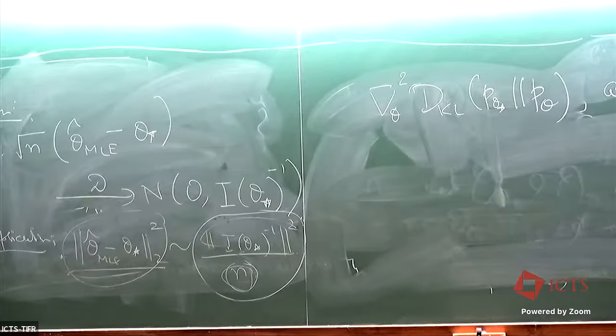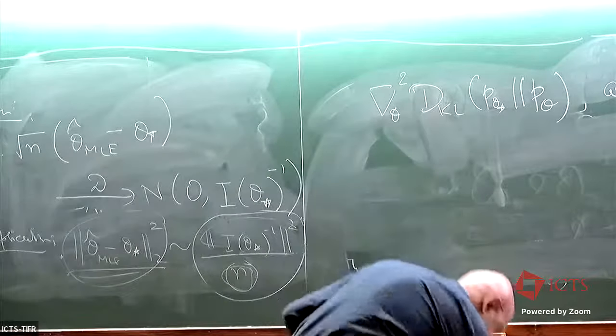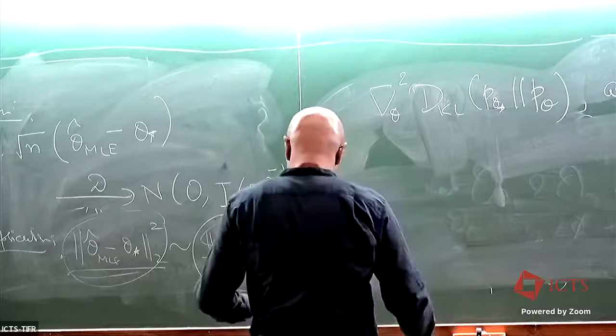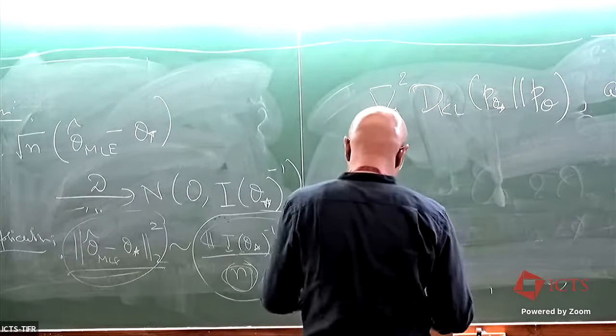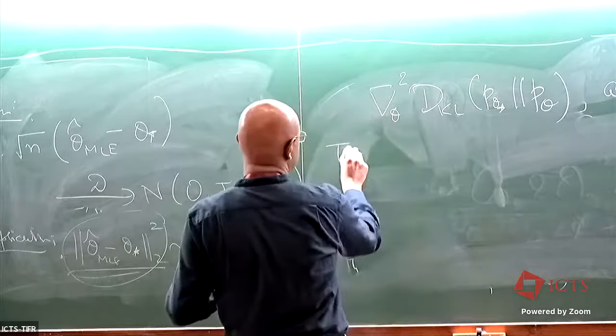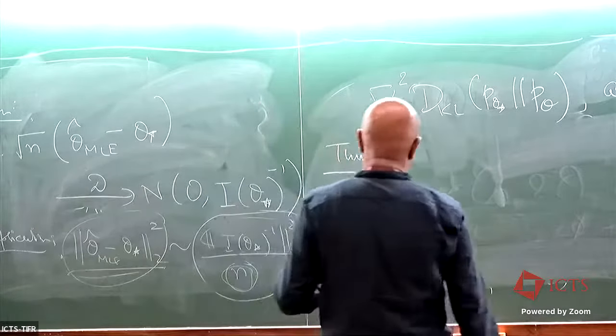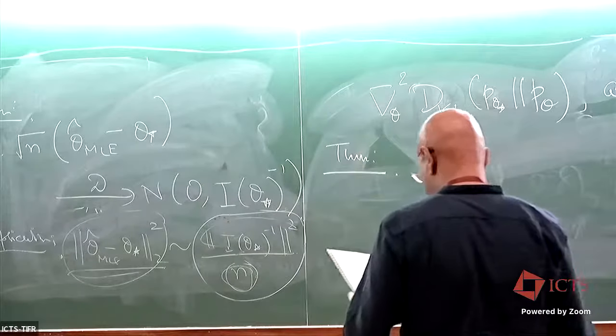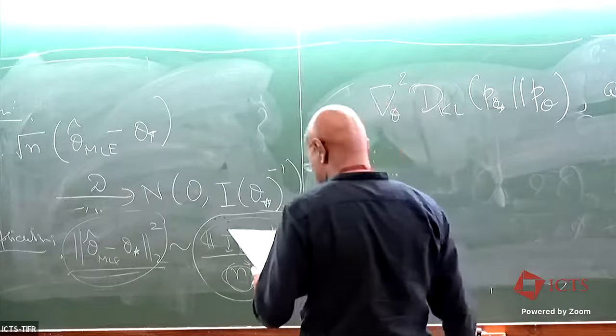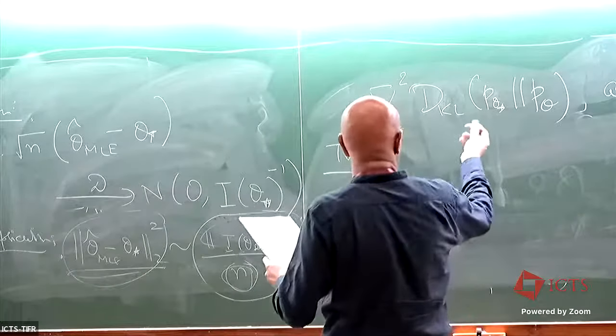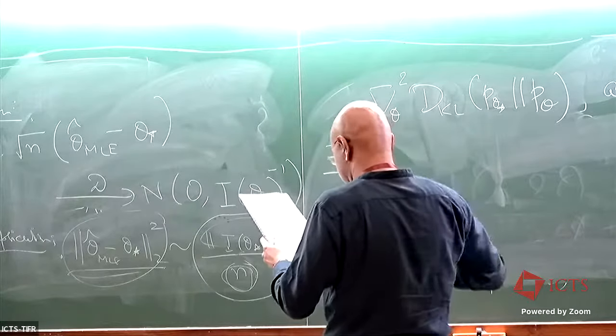And to this end, let me write down an expansion of the Kullback-Leibler divergence. I think by now you are familiar enough with this model, so let me erase the basic model and create some space. Okay, for us it will be effective near theta equal to theta star.